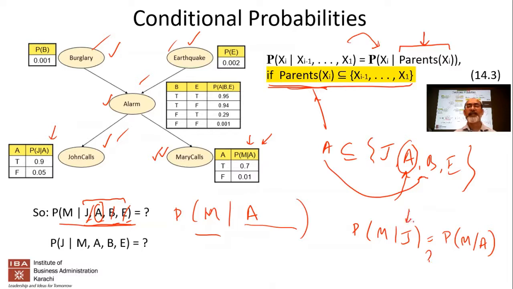No, because this set does not include the parent. But could I say that the probability of Mary given John and A is equal to probability of M given A? Yes. Why? Because the parent A is actually part of the set J comma A. So I hope this equation 14.3 makes sense.